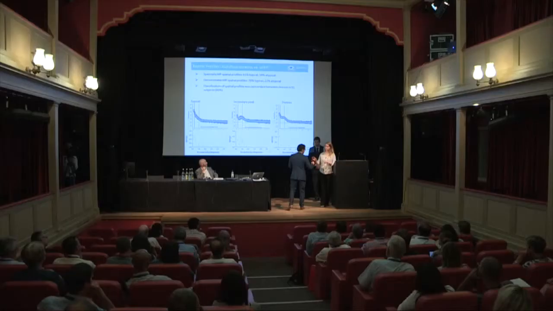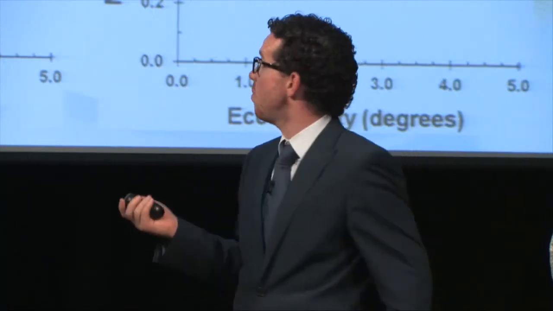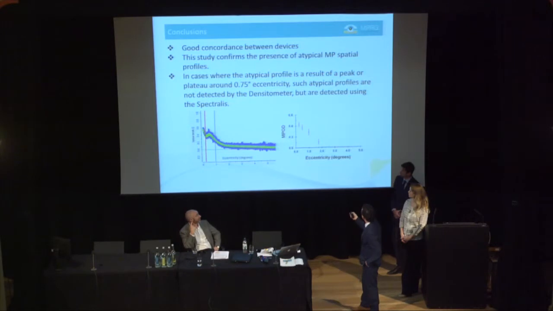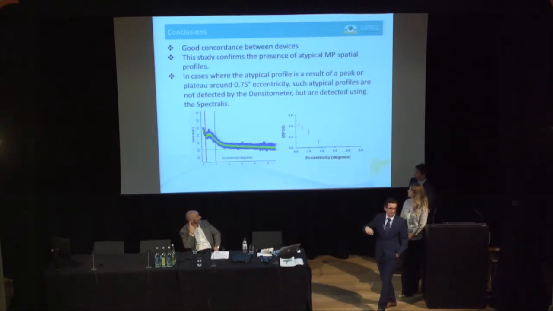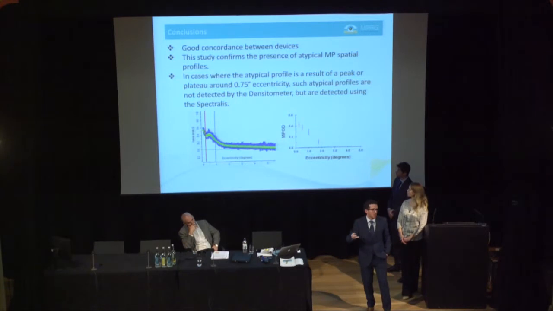What we have to accept with flicker, and I'm a big flicker fan and will continue to be, is that if you're not measuring at all these points, we have to make some assumptions and extrapolate lines. What was interesting was that we would have said this is a typical macular pigment profile, but when we looked at it on the Spectralis, because we weren't measuring at 0.75 degrees, we missed that plateau.